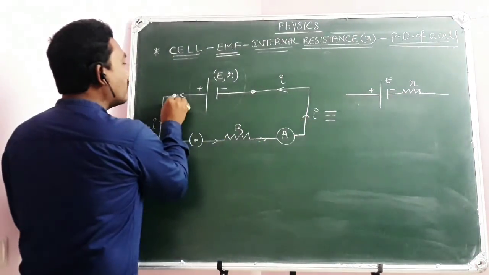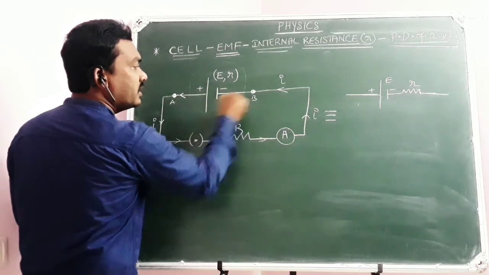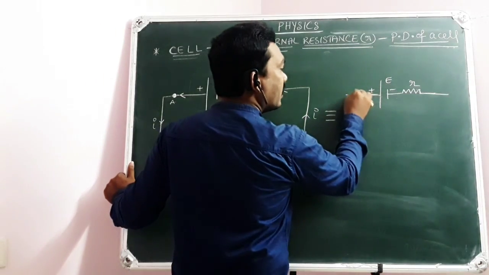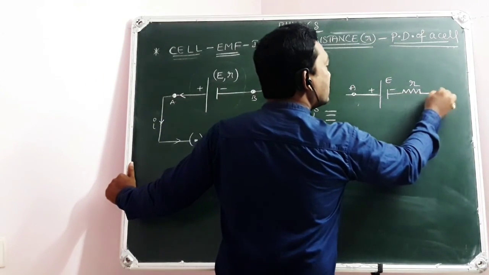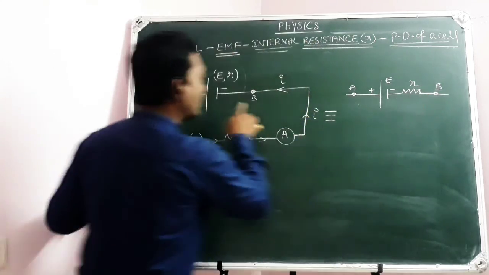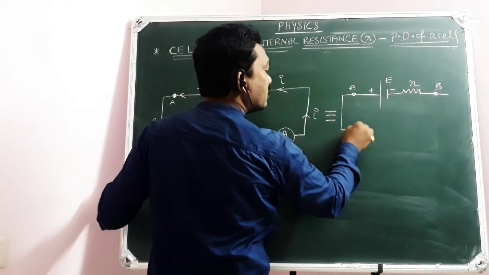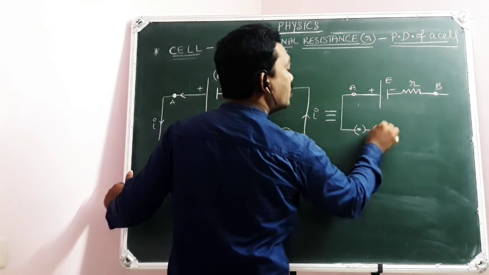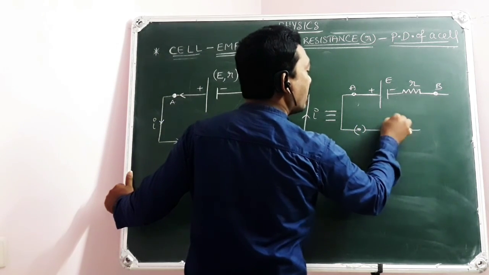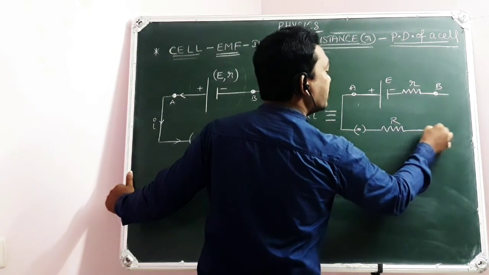So if these are two terminals, you are supposing A and B. Now here it is A and this is B. This is how you can represent the cell of some internal resistance, either like this or like this. Now it is connected through a switch to a conductor of resistance R through an ammeter.